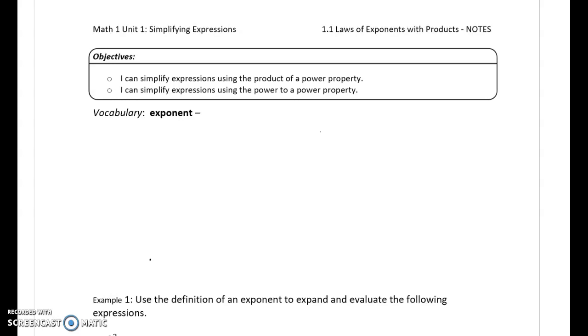All right, so let's start with some vocabulary. What an exponent is.